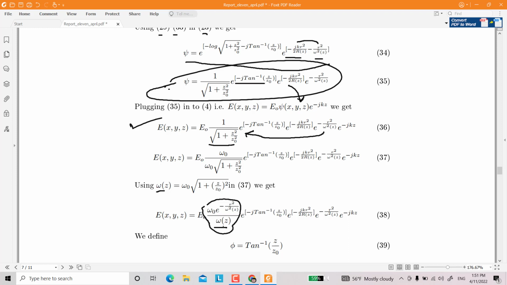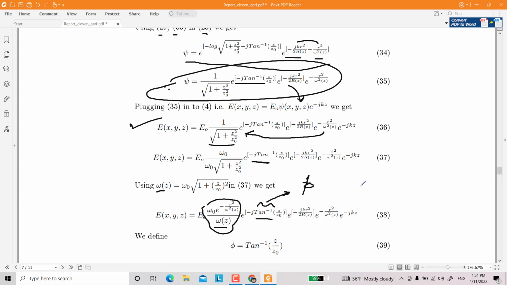Fine. Similarly, it is now time to discuss this term. You can realize that e to the power of minus j times something is a complex number, giving us the smell that this has to be some kind of phase, right?